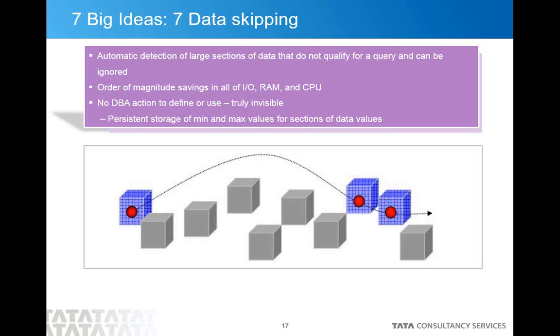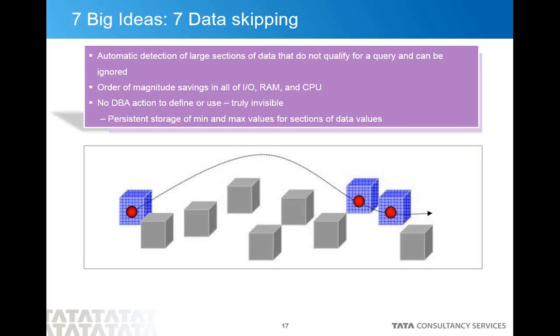and it implements this data skipping with the use of a synopsis table that is automatically created for all the column organized tables. In this table, it stores the min-max value of each of the data values of type numeric or date time.